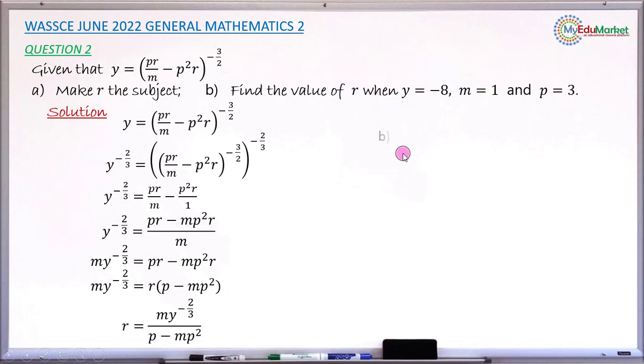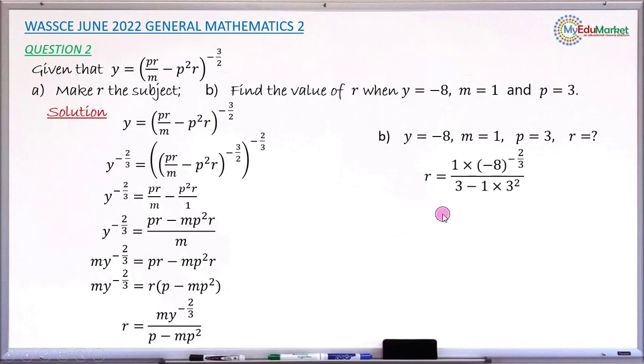Substituting y by minus 8, M by 1, P by 3 in this formula for R, you now have R equals 1 multiplied by minus 8 raised to the power of minus 2 over 3, everything divided by P, which is 3, minus 1 times P squared, which will now be 3 squared. So we continue. What you do next is to find what minus 8 raised to the power of minus 2 over 3 is.